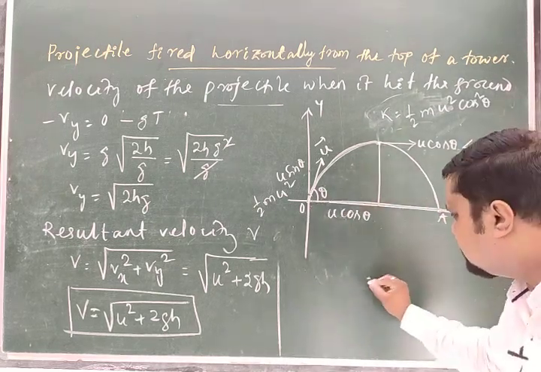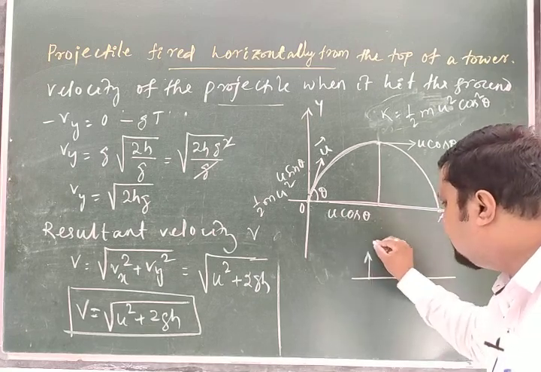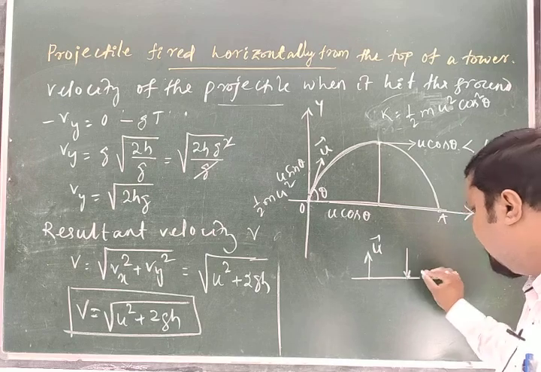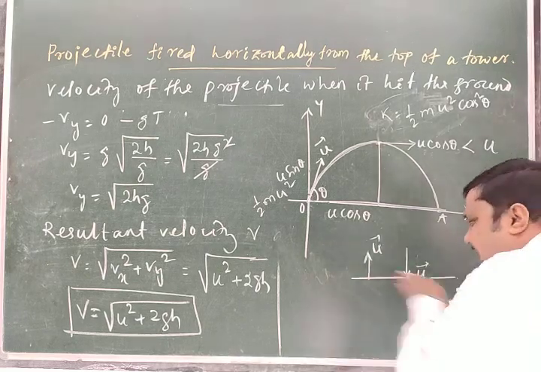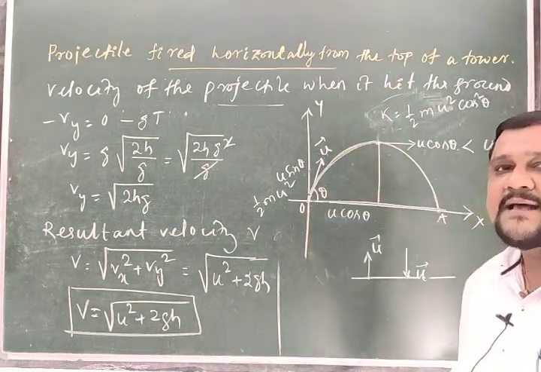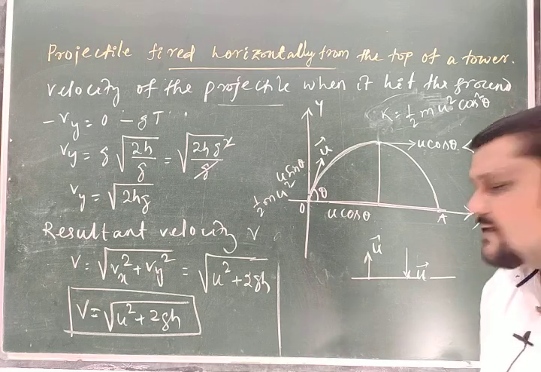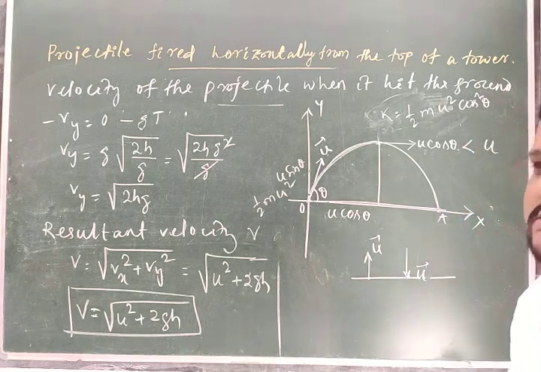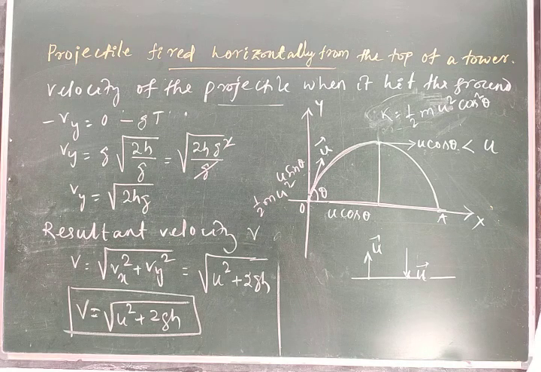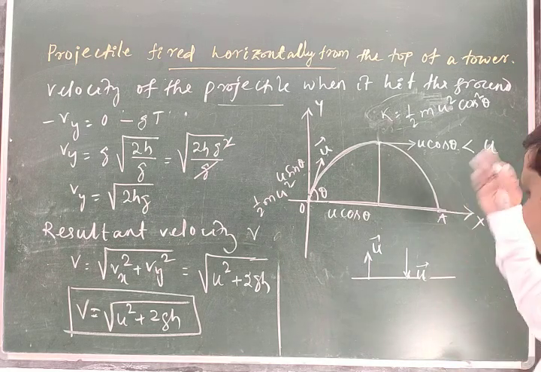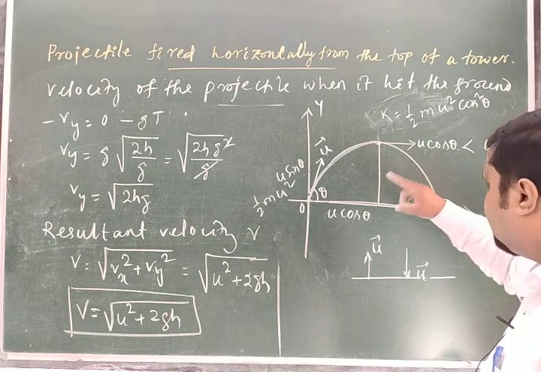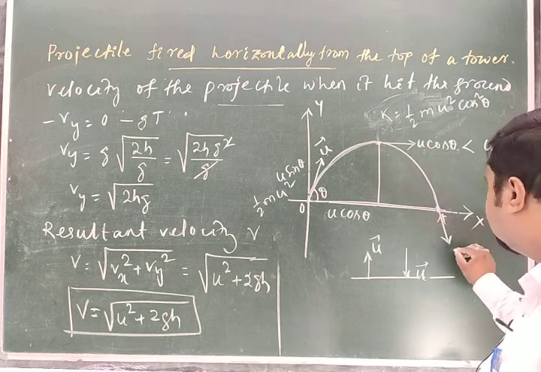So if a body is projected with velocity u, then at the same level it will come back with the same velocity u, provided only the force due to gravity acts.